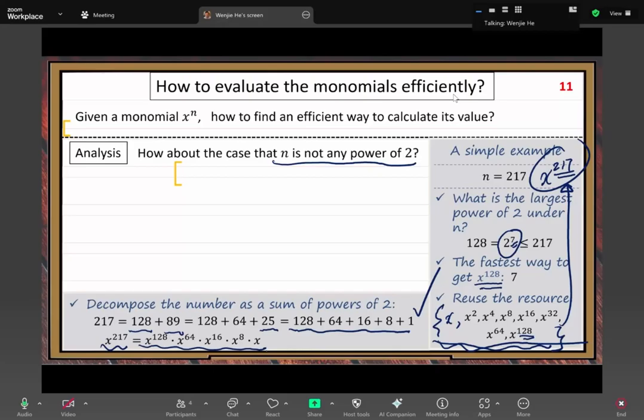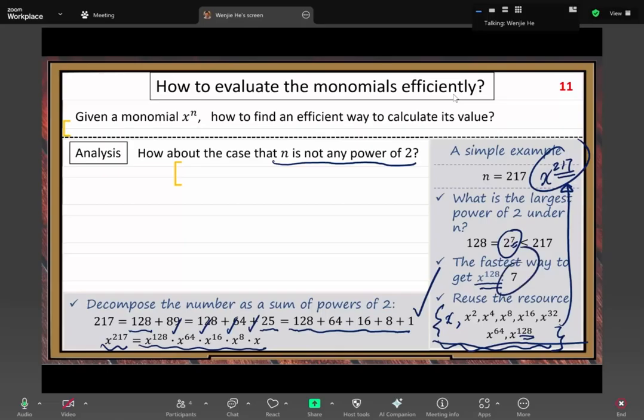How many multiplications do you need here? 1, 2, 3, 4. After you get your resource numbers, you still need 4 more multiplications. But to get all your resource numbers, in your preparation step, you need 7 multiplications.